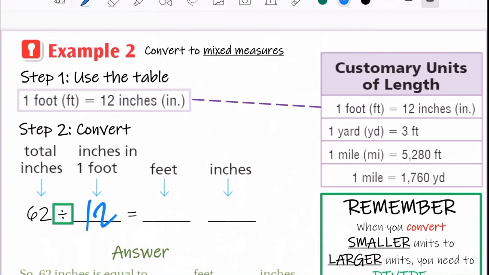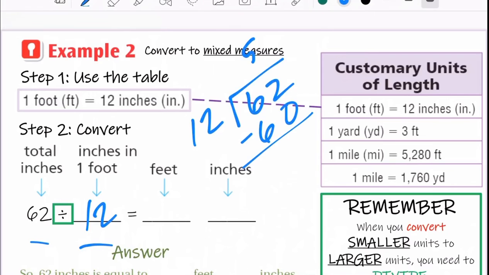And I think this is the same problem from before. So you know that this is the divisor and this is the dividend. It's going to look like this: 12 is going to be on the outside of the box, and 62 is going to be inside of the box. So mental math, we know that 12 can go into 62 5 times. You put the 5 over the 2.